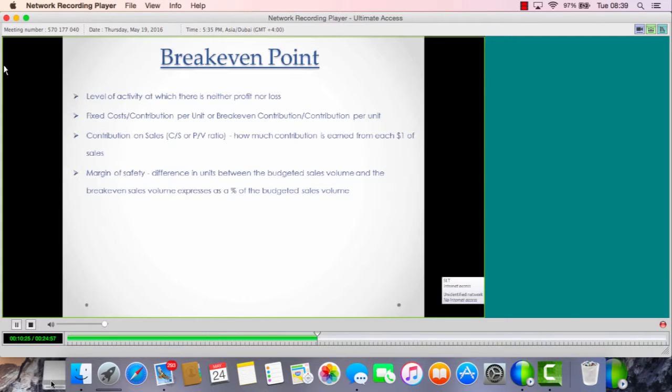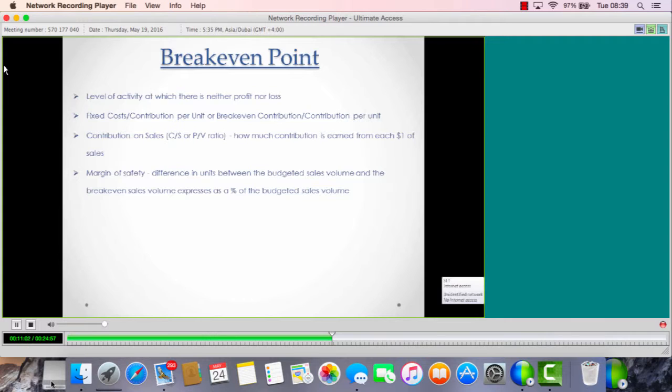Let me go to an example. Say you have budgeted 100 units. Your break-even point is 90 units. That means you have a budget of 100 units, but you should sell 90 units to break even.